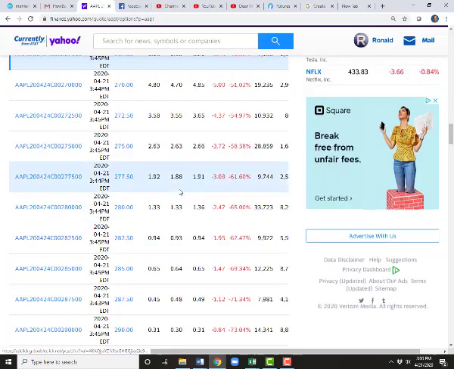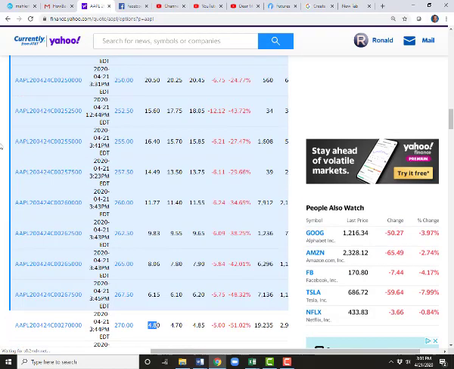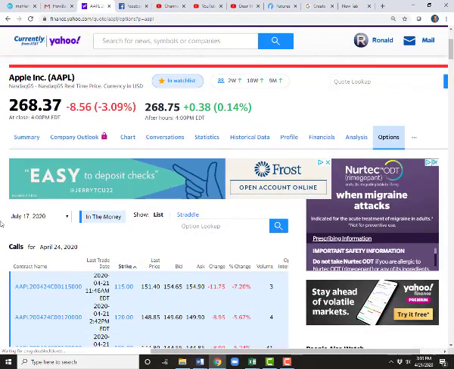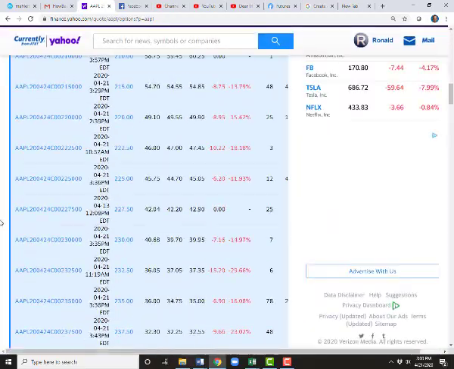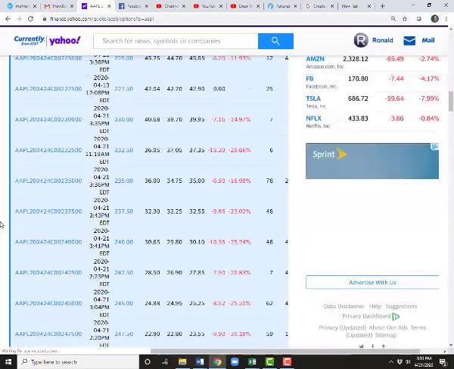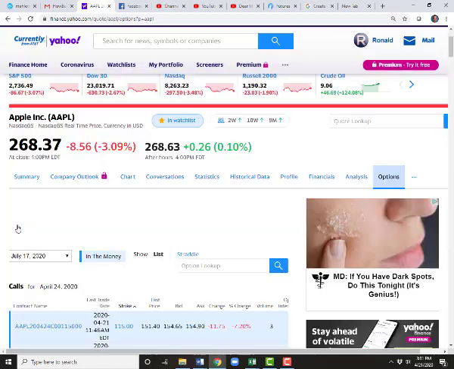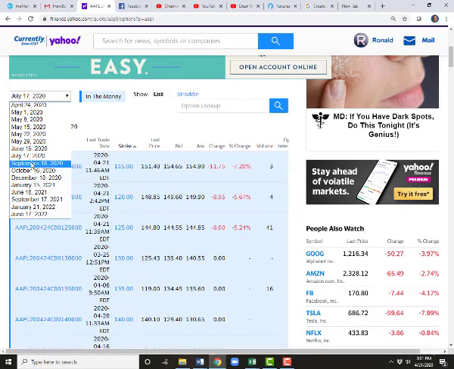So you notice that if the strike price is $270, the call option is $480. These are different numbers than what we saw before. I don't know why we switched there. Let's try switching it again.